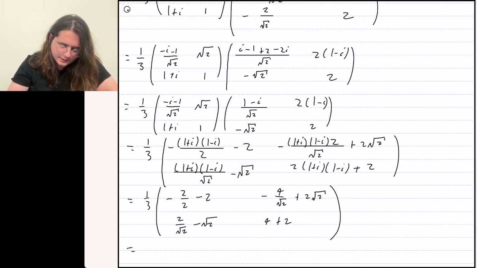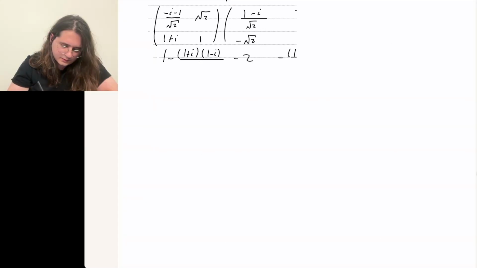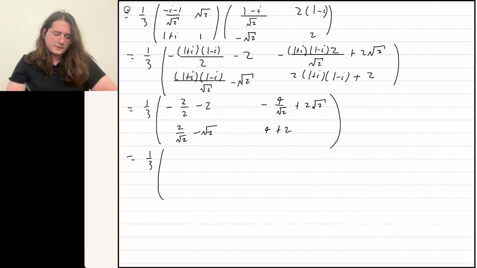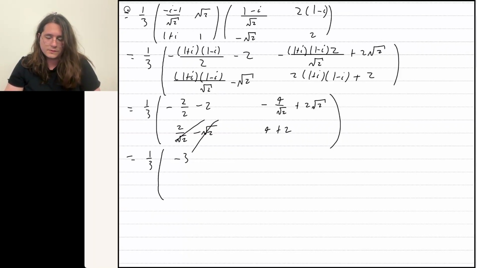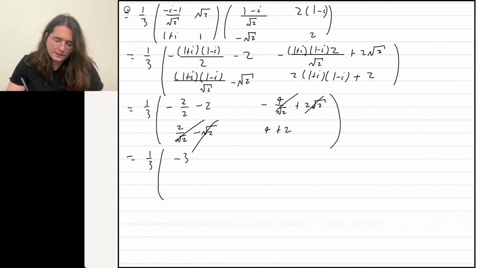So we've got 1/3 of minus 1 minus 2 makes minus 3. 2 over root 2 is the same as root 2, so these terms actually cancel. 2 root 2 turns out is the same as 4 over root 2, so these terms cancel as well. So we've got 0, 0, 6, and then applying the 1/3 factor through the matrix, we get minus 1, 0, 0, 2.